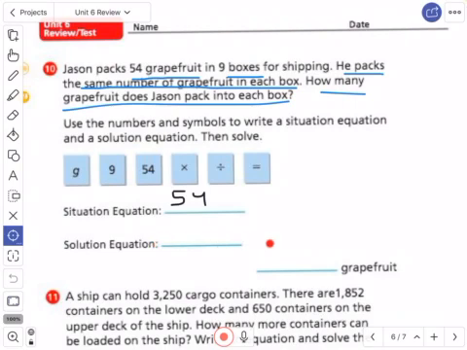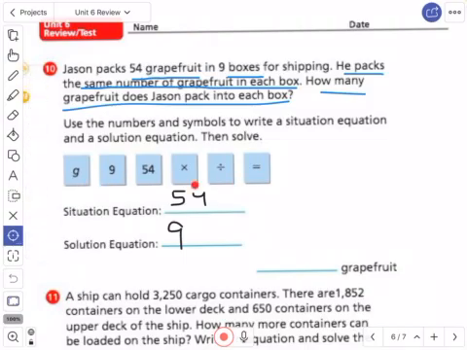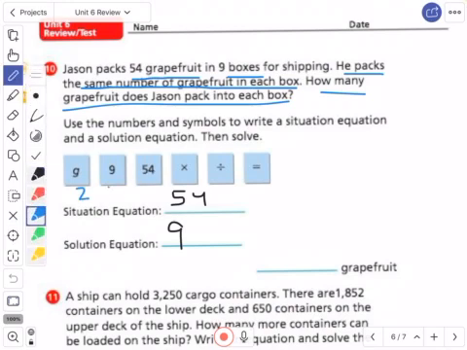Then down below, you are going to do another way to solve this problem. And just as a hint, you are going to be starting with the number 9. You're going to be using all of these things up here: the g, the 9, the 54, the times symbol, the divide symbol, and the equals. You are going to use the g, the 9, and the 54 2 times.